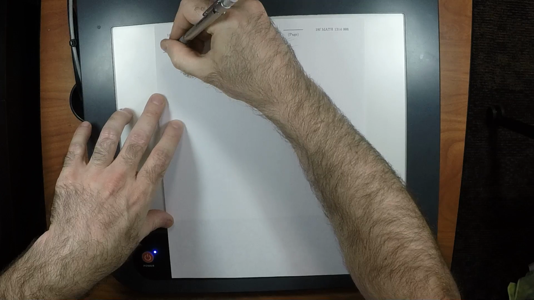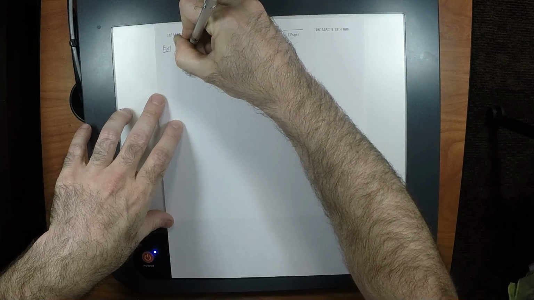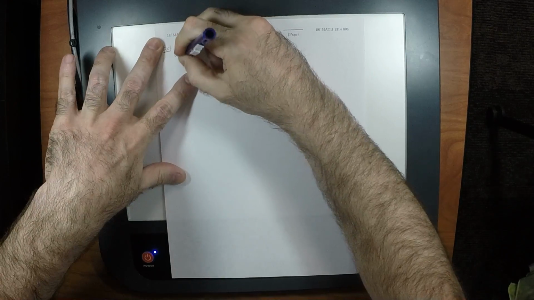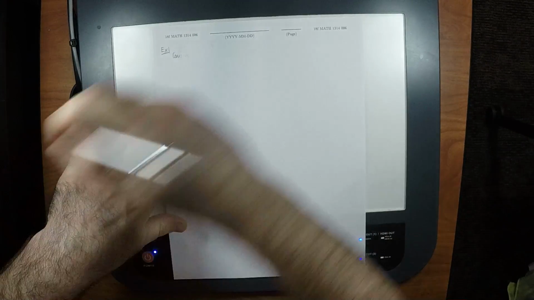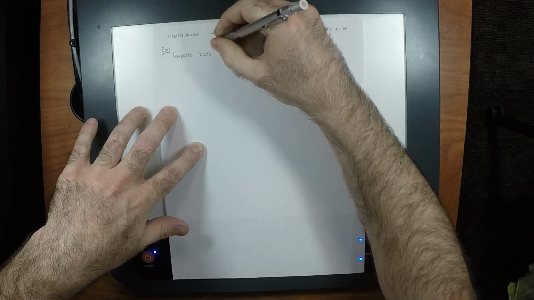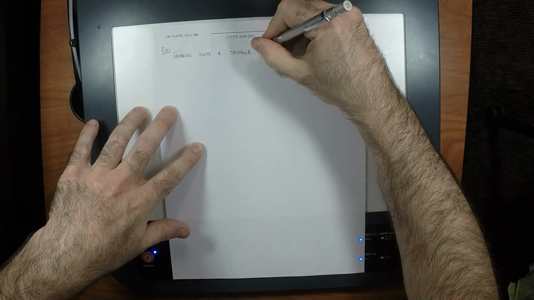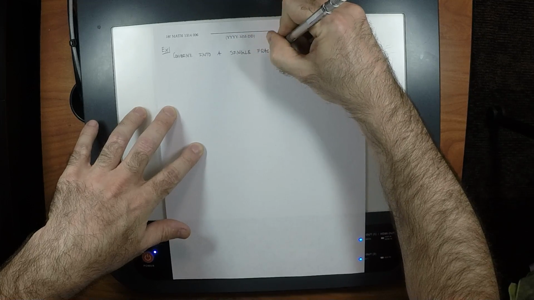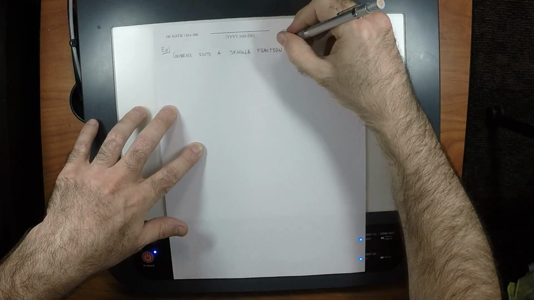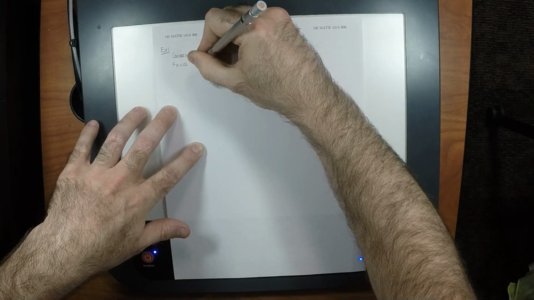So here's a question. Combine into a single fraction and find the natural domain.